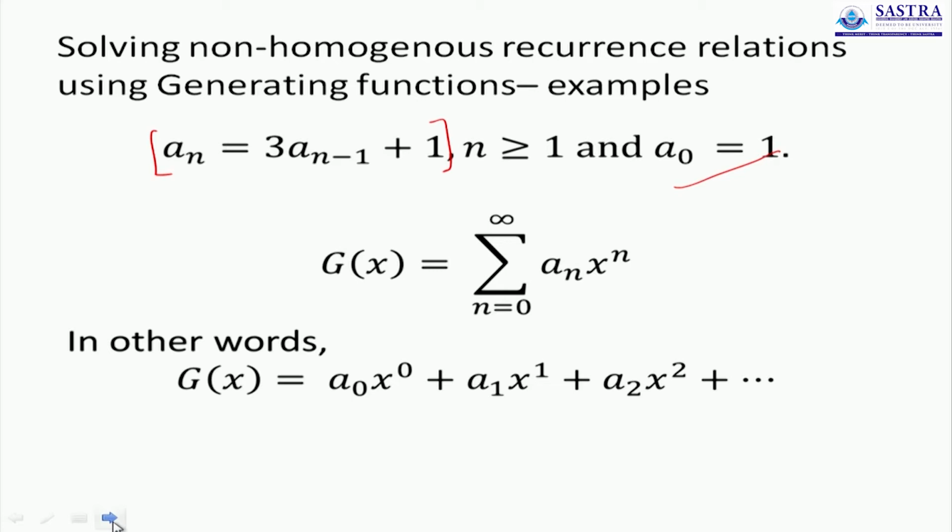So that's why I have explained it as a term by term expansion. G of x is of the form a_0 x^0, a_1 x^1, a_2 x^2, and so on and so forth.